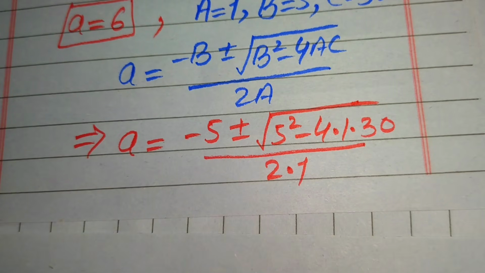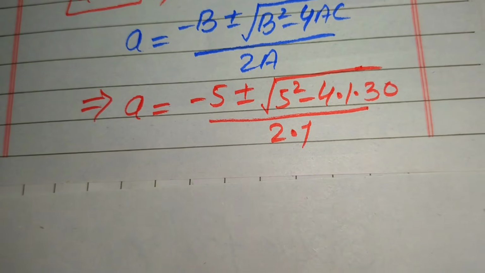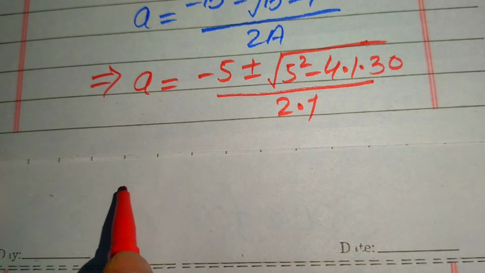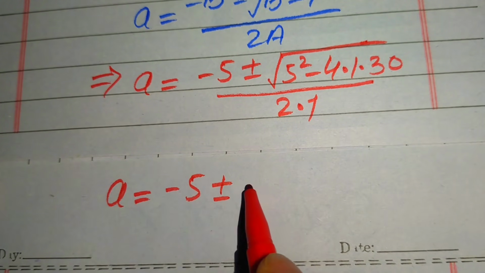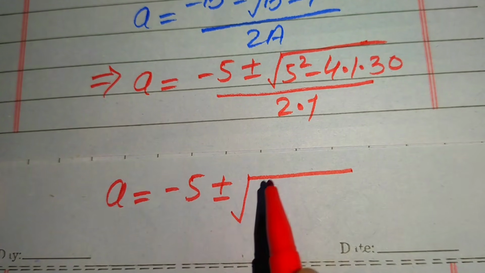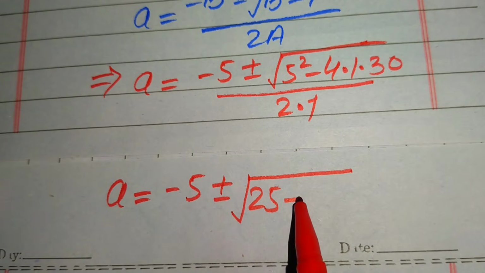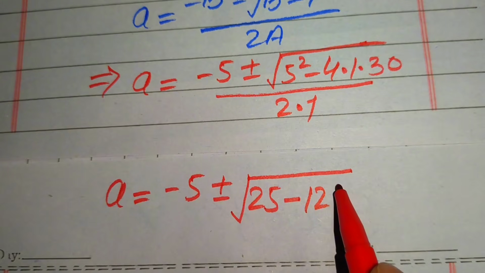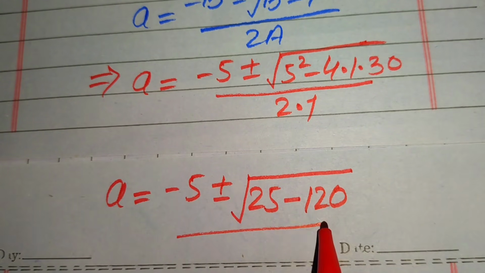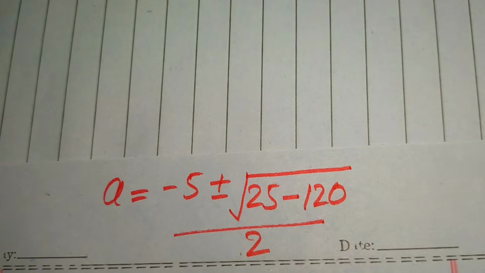So further in the next step we need more simplification here, and it will be written as a is equal to minus 5 plus minus square root of 5 square becomes 25, minus 4 times 30 is equal to 120, and it is divided by 2 times 1 equals to 2.